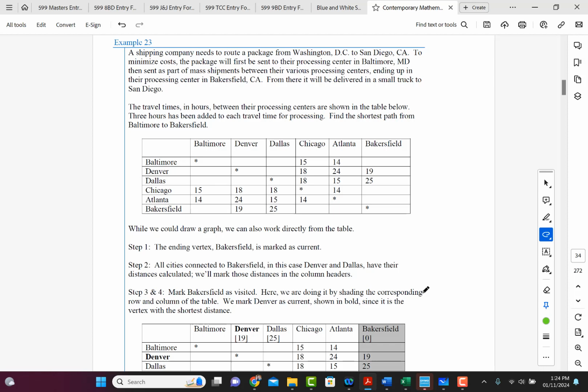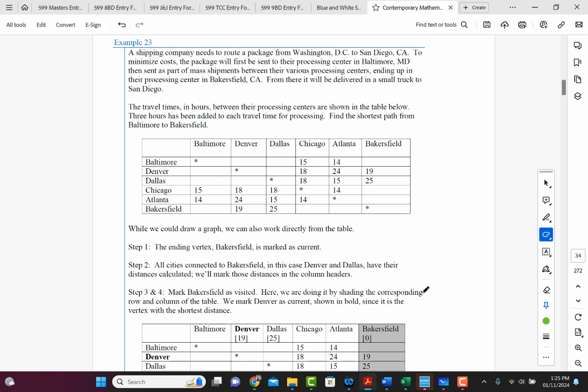From there, it will be delivered in a small truck to San Diego. The travel times in hours between their processing centers are shown in the table below. 3 hours has been added to each travel time for processing. Find the shortest path from Baltimore to Bakersfield.